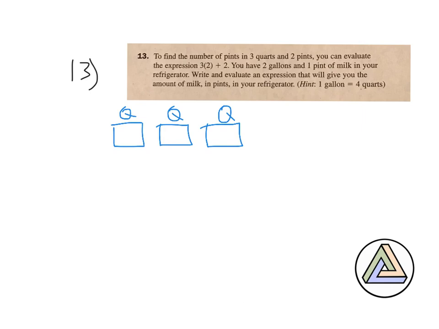And we're going to denote the pints as triangles. All right, so I know it's kind of weird, but just bear with me. Again, this is pertaining only to the first statement. 3 quarts and 2 pints. Well, here it is. 3 quarts plus 2 pints. You can evaluate the expression as 3 times 2 plus 2.